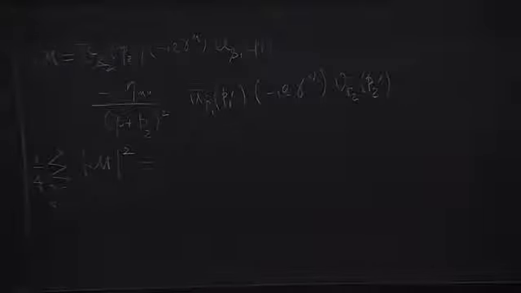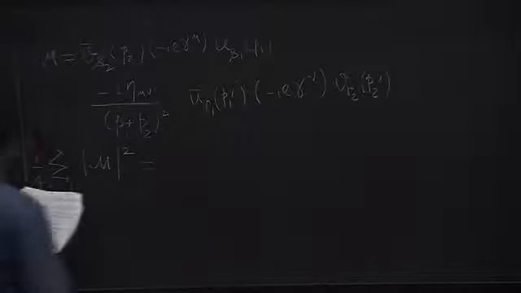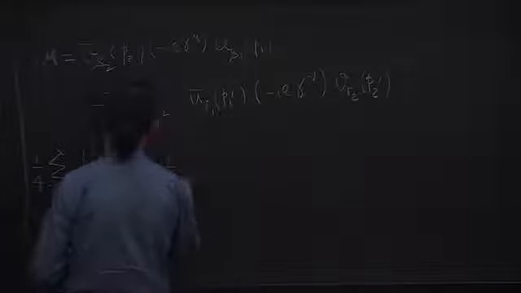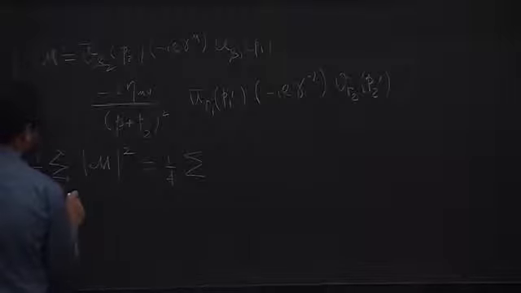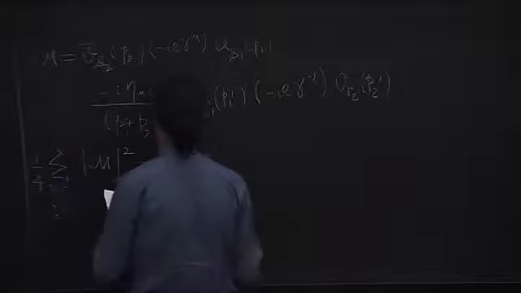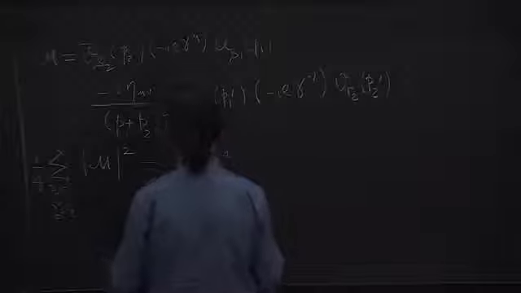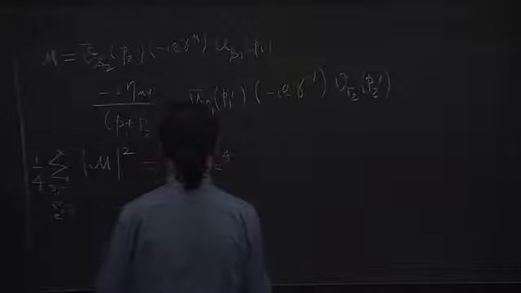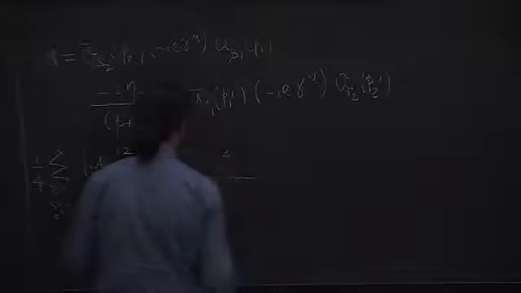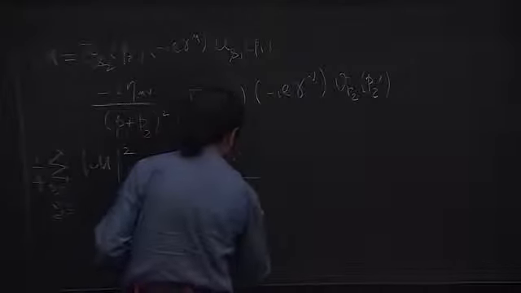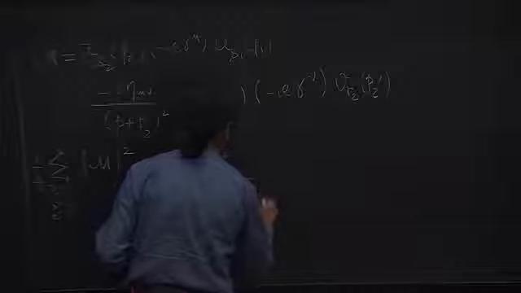Because I've changed the labels, I can no longer use my notes, so let's see what comes out. 1/4, sum over S1, S2, R1, R2, and we get a factor of this, and then let's write the propagator for the photon, this part, like this.